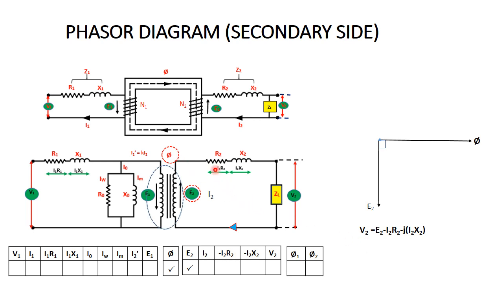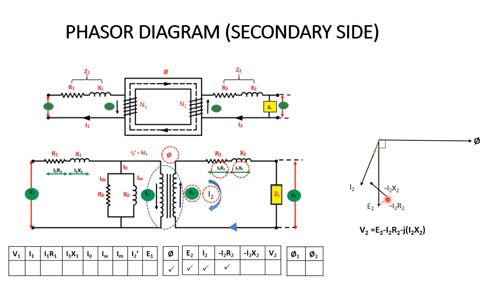We apply KVL at the secondary side. V2 equals E2 minus I2 R2 minus j I2 X2. Current I2 is flowing in the secondary side. I2 R2 is in phase with I2. To form a phasor diagram, we are showing it in a reverse way, so minus I2 R2. At 90 degrees to this I2 R2 will be I2 X2.